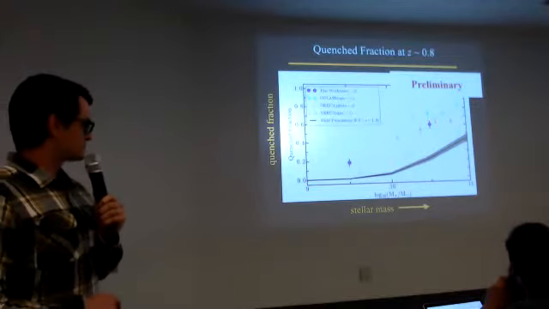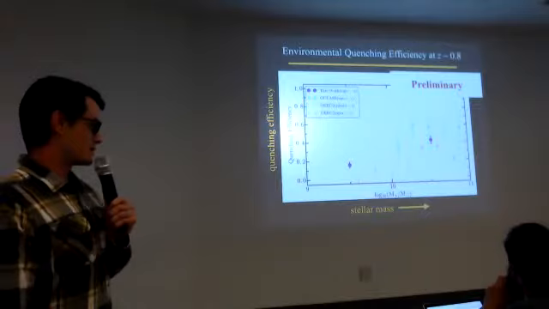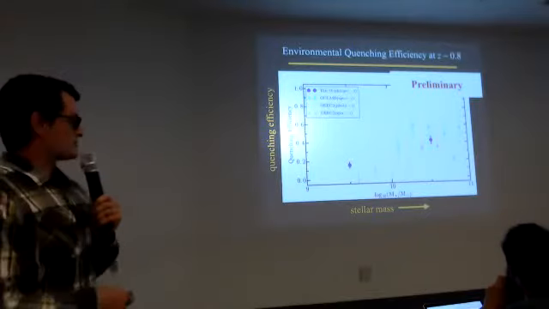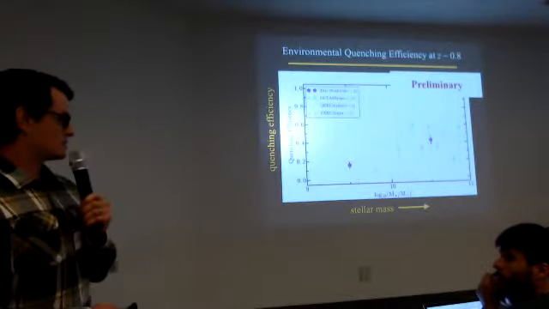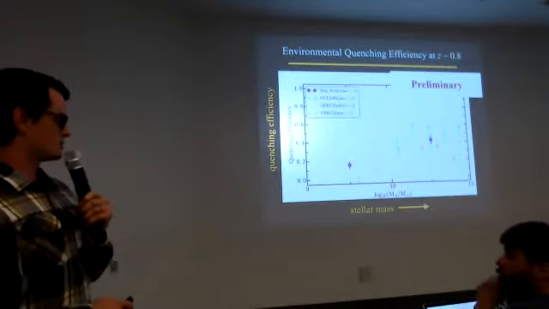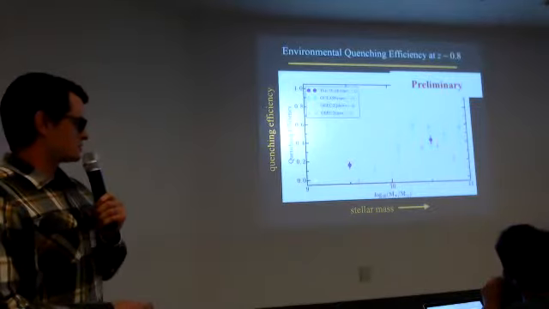And when we do that, we get this. This is the quenching efficiency as a function of stellar mass. And when I first saw this, especially with regard to Stacy's talk yesterday, I was actually kind of encouraged. We see a non-uniform quenching efficiency as a function of stellar mass.